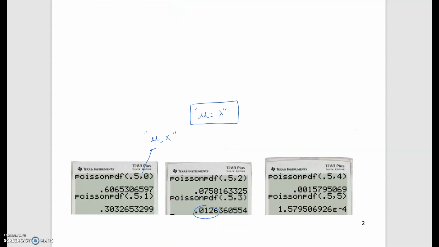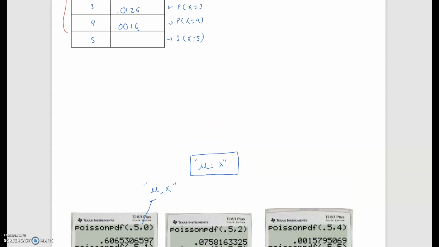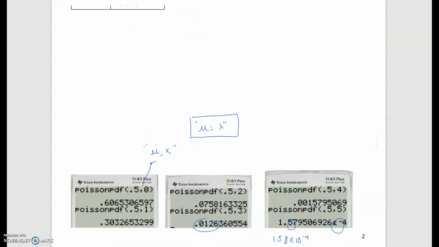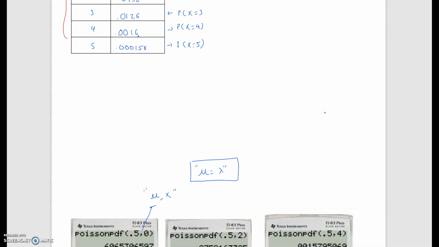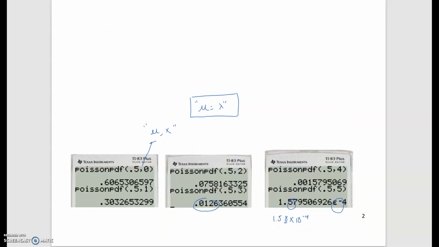And then the last one, let me write the decimal approximation. So this one's going to be in scientific notation, 1.58 times 10 to the negative 4. So this is going to be approximately 0.0000158.